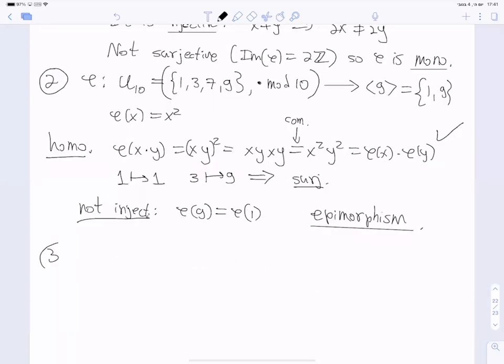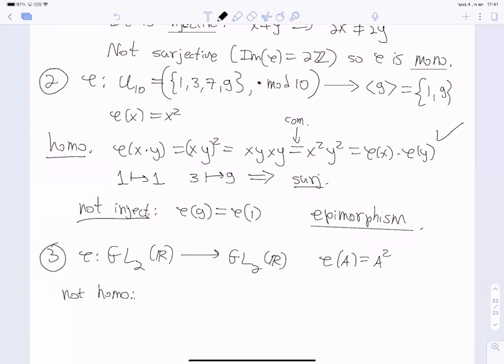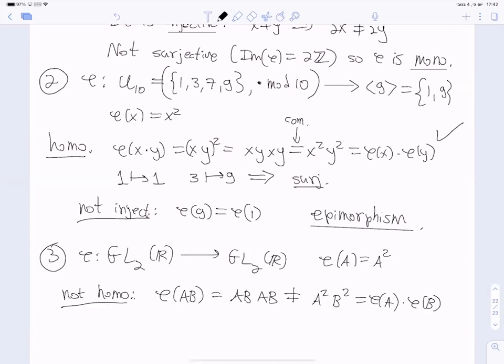For example, if I take GL2 to GL2, by taking a matrix to its square, then it's not a homomorphism, because phi of AB will be ABAB, which is not equal in general to A squared B squared. It's not a homomorphism if the group is not abelian.